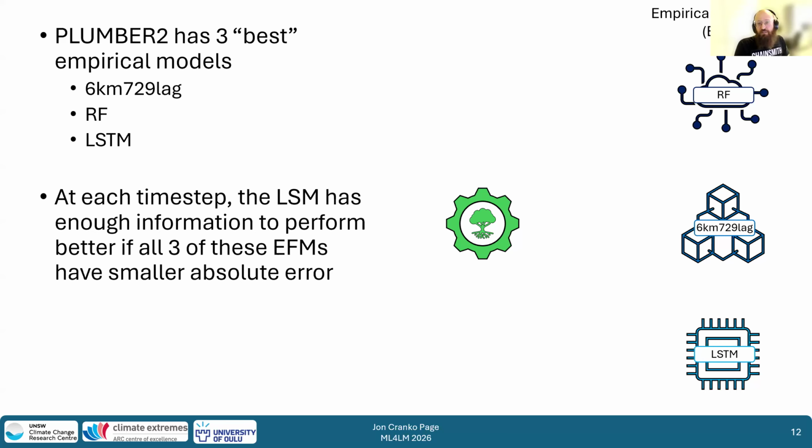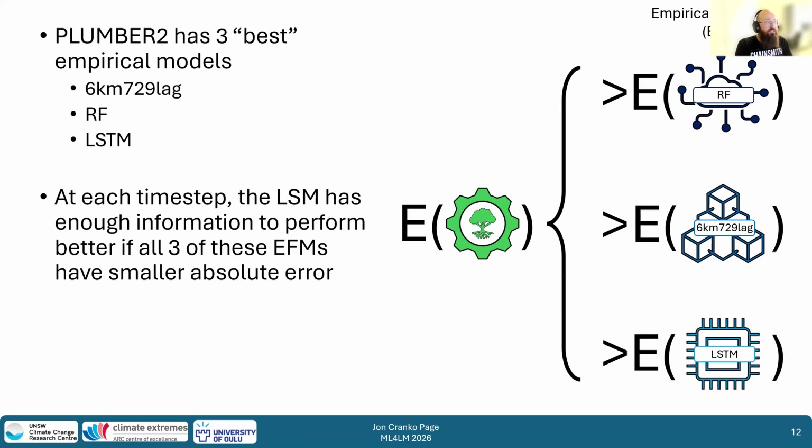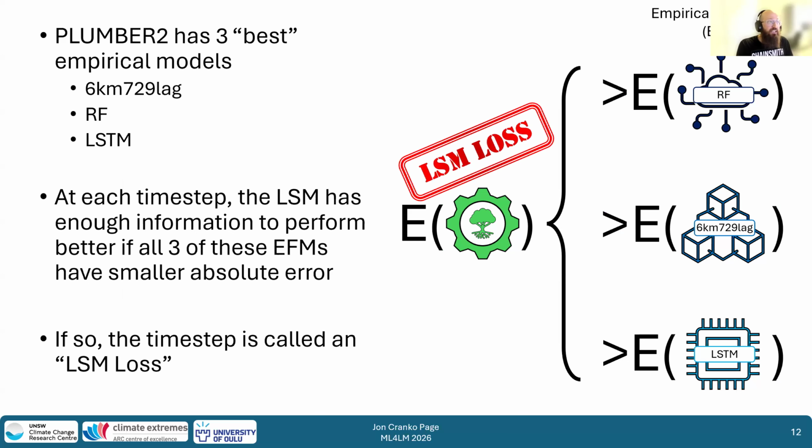So at each time step, we check whether the land surface model has enough information to perform better by looking at the error. And we check whether the error is worse or bigger than each of these 3. And if that's the case, we say it's an LSM loss. So it only loses if it's outcompeted by all 3 of these models.